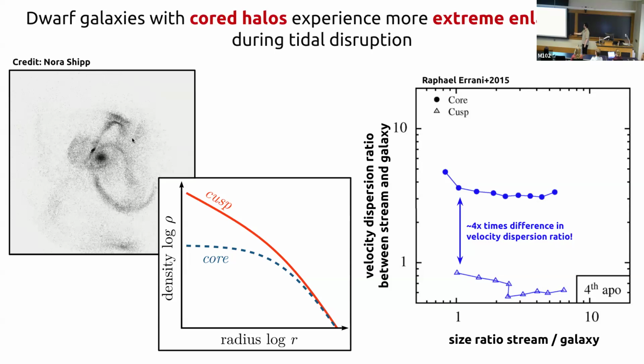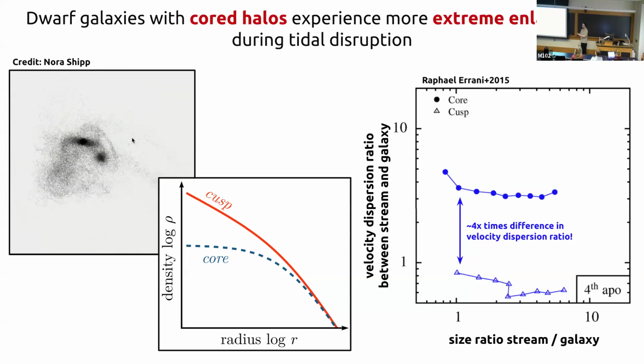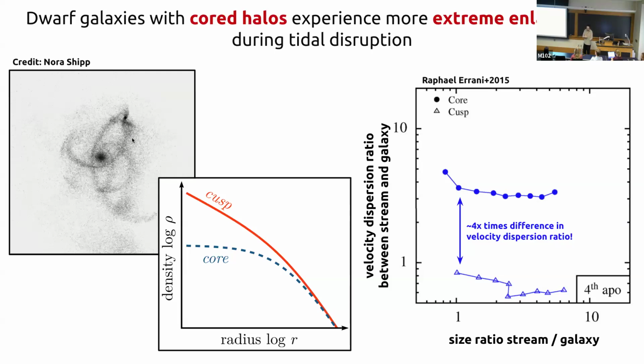This movie shows very nicely these tidal tails that are being produced. What they predicted is that if you measure the velocity dispersion ratio between these two components of this tidally disrupting system, you could diagnose whether you have a core halo or a cuspy halo. And this is what it's showing right here.